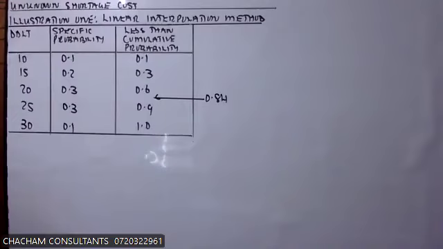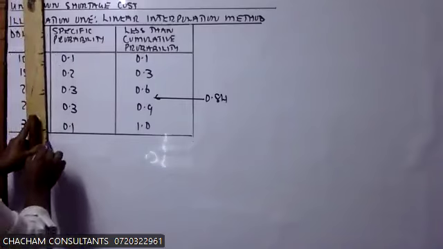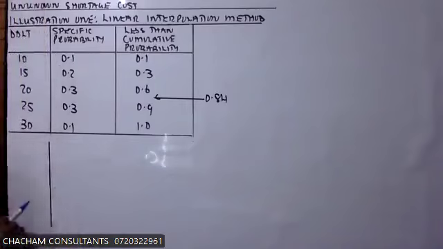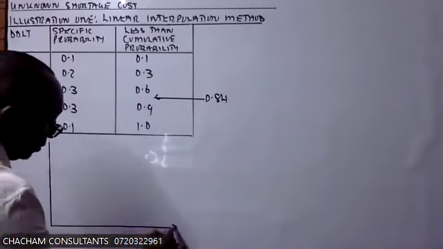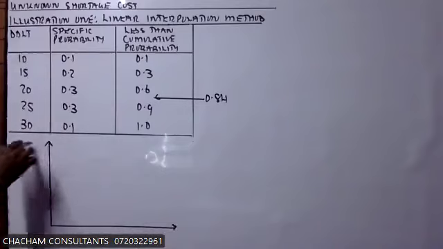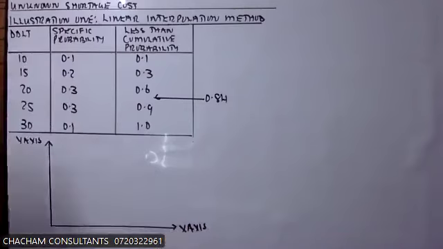So if that is where we have 84, then what you do, you seek to draw a diagram like this. Just like a small diagram. This is the y-axis, and this is the x-axis. That's like a small one, but not too small. Then you mark these 2 points.